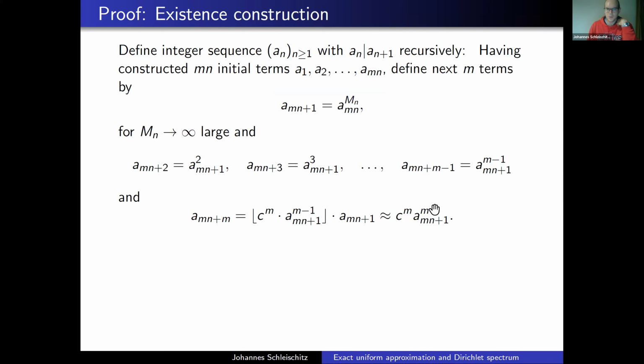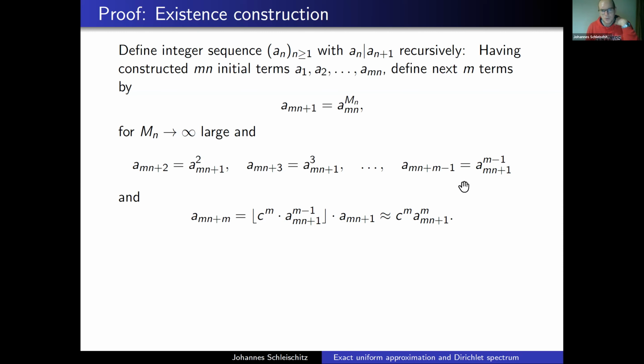And in the last step, I do something slightly different. I again want it to be roughly of this size, the m-th power. But to obtain finally the constant c, basically I have to multiply with c to the m. And because it should be a multiple of this previous term, okay, I think I have to do it slightly different.